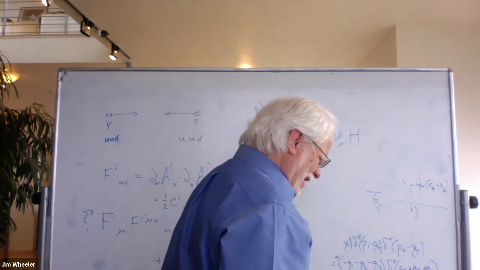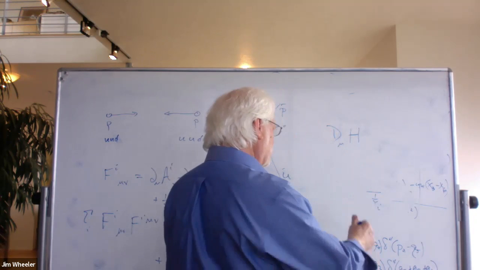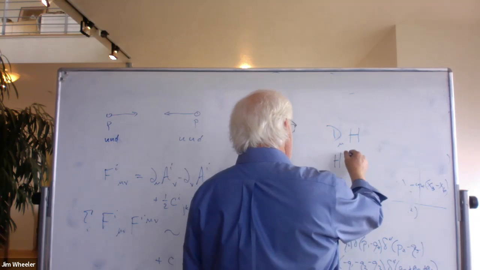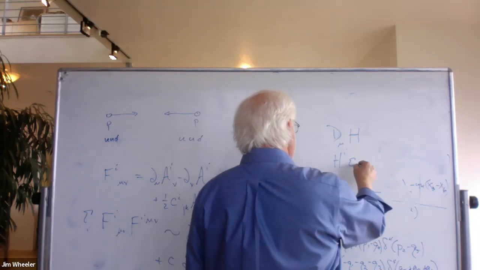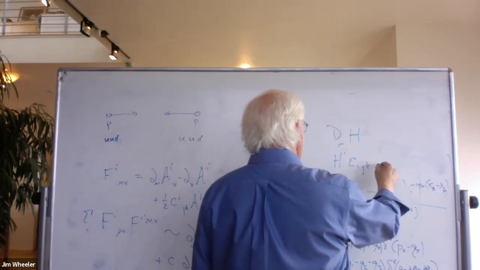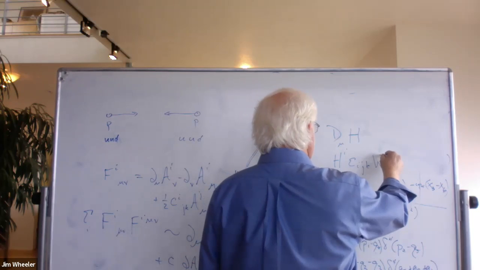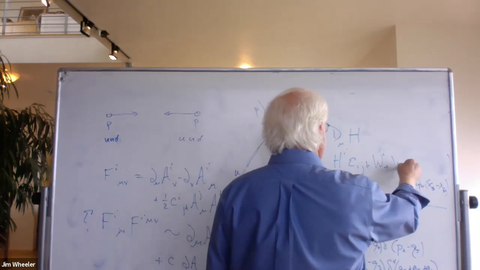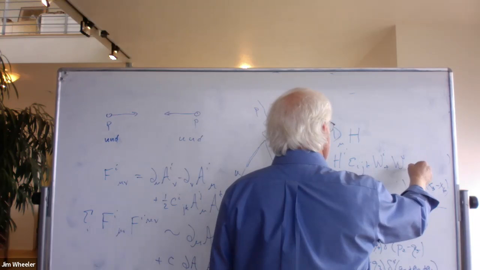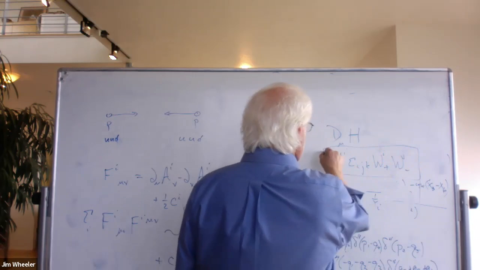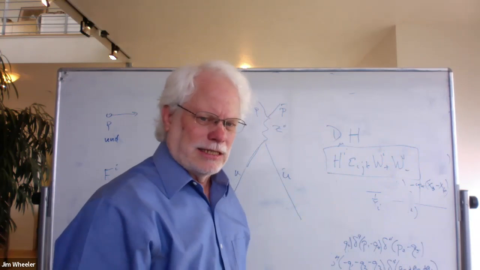So let's see, SU(2), the interaction is going to have structure constants, and you could have, say, a W plus and a W minus here. That's a possible interaction term for the Higgs.